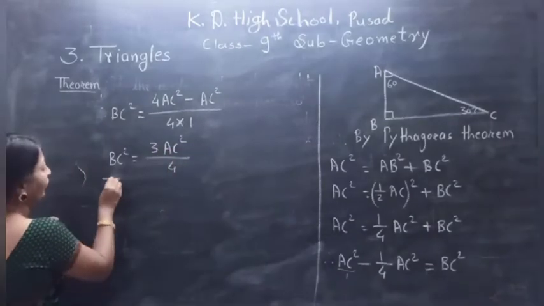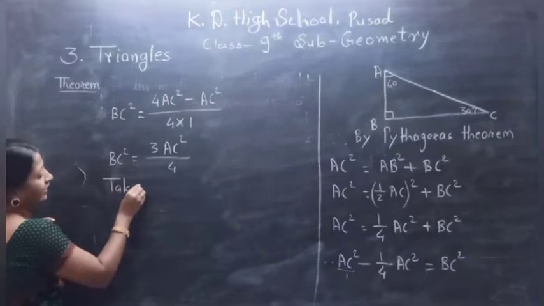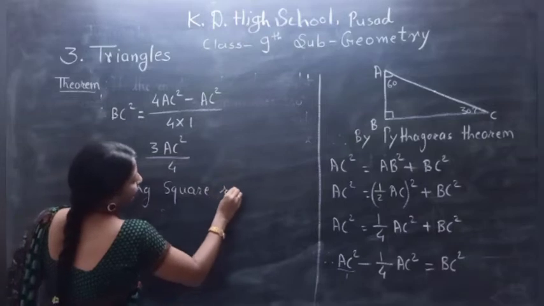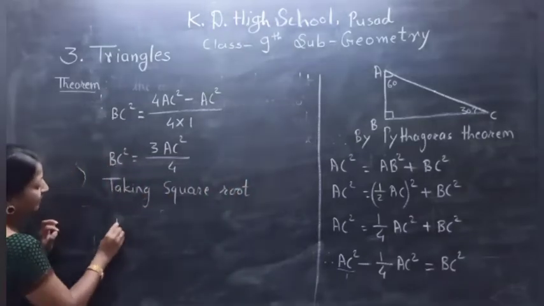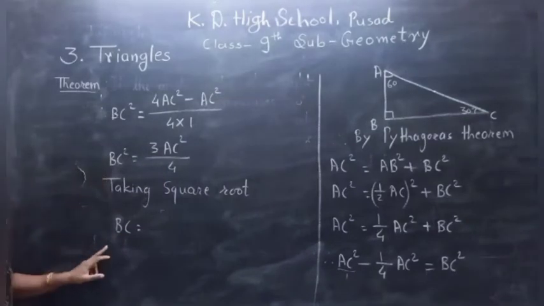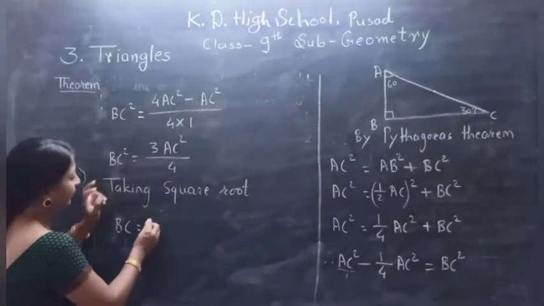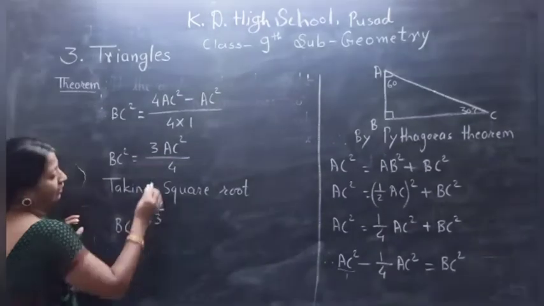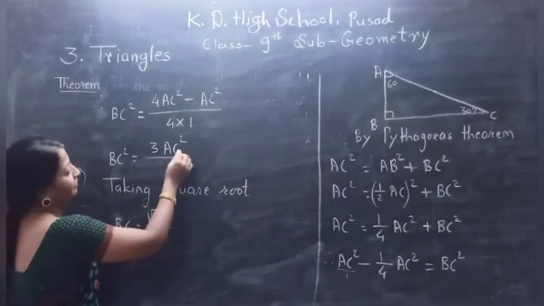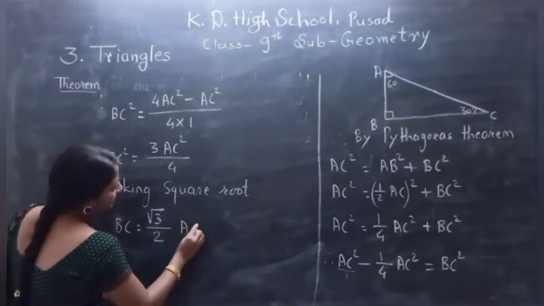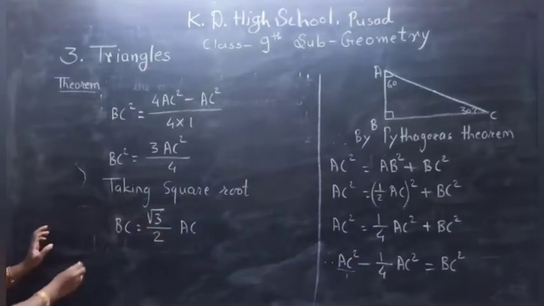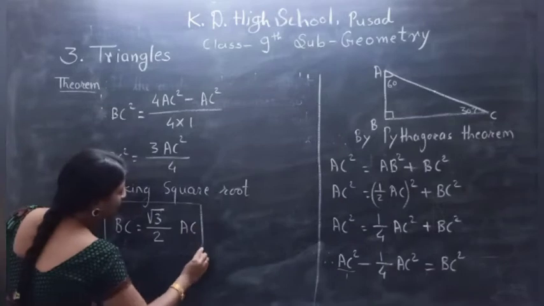Now taking square root on both sides, we get BC is equal to the square root of BC square, that is BC, square root of 3 upon square root of 4, that is root 3 by 2, and the square root of AC square, that is AC. It is root 3 by 2 times the hypotenuse. That one we had to prove.